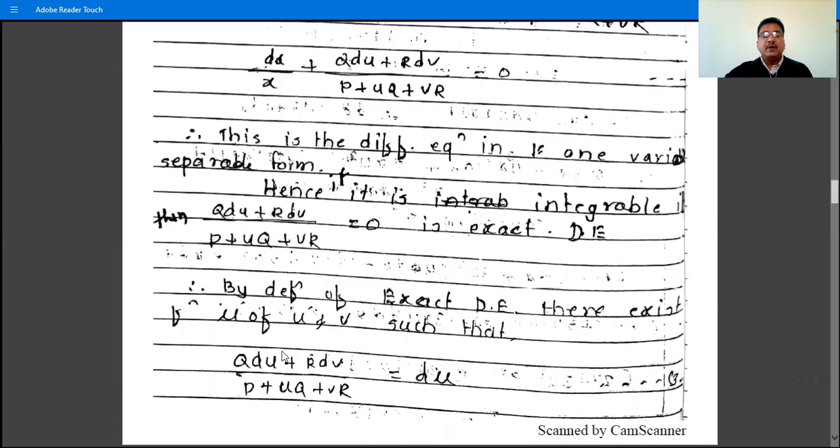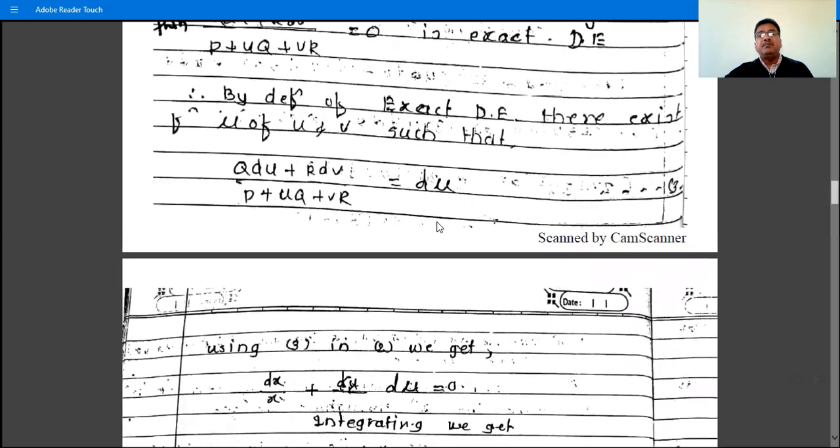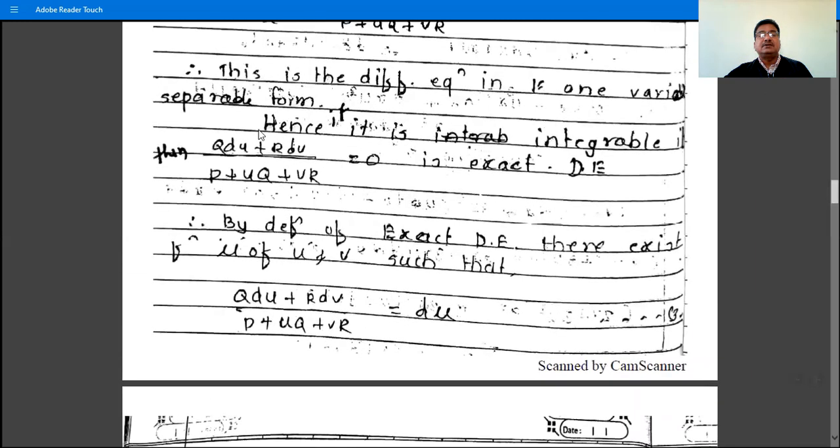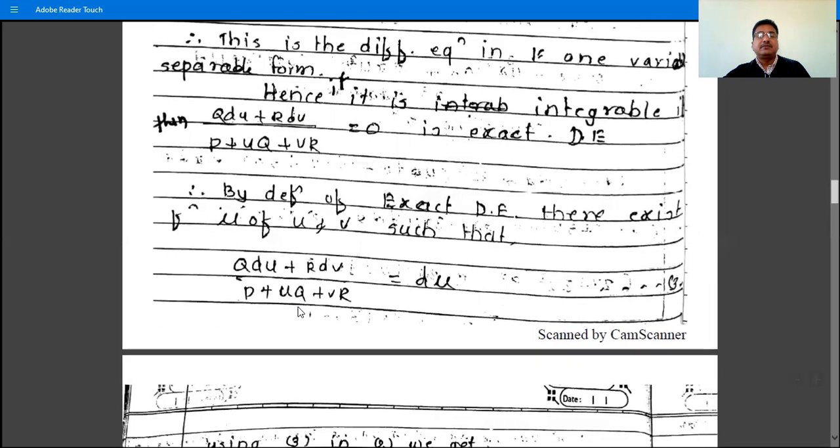Here the variables are u and v, so mu is a function of u and v, such that the complete derivative of mu is this part, (q du plus r dv) divided by (p plus uq plus vr), because this is a differential equation in u and v. That's why we have some function mu of u and v, such that its complete derivative is this part.